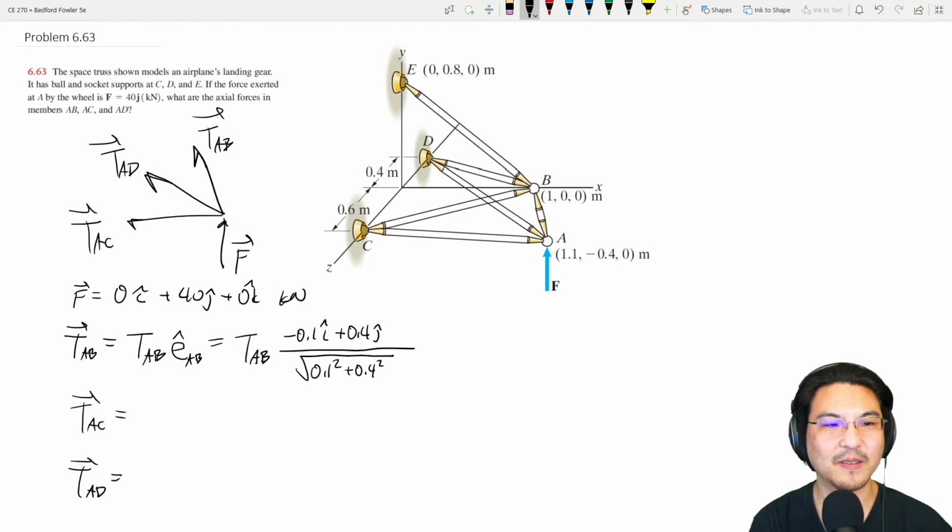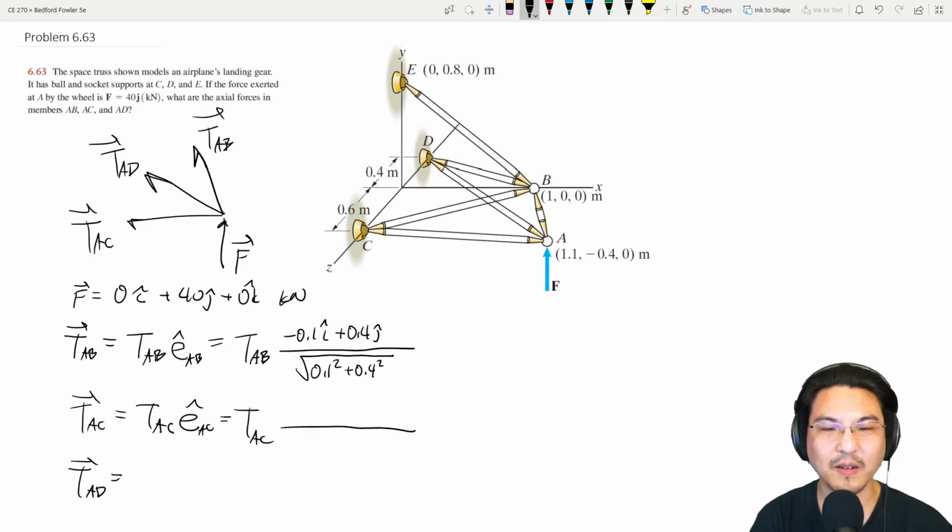Vector TAC has some unknown magnitude, but the direction is the unit vector from A to C, which we can get. So where's point C? That's 0i, 0j, 0.6k.